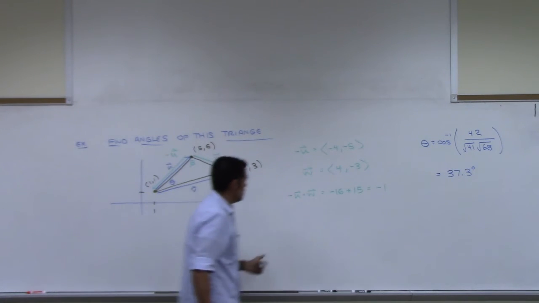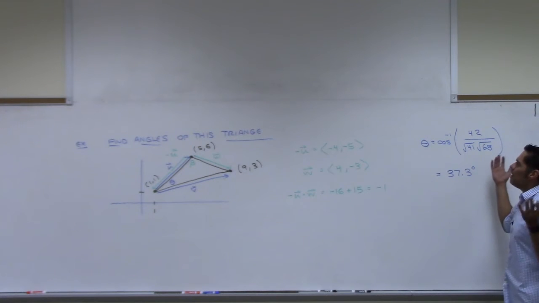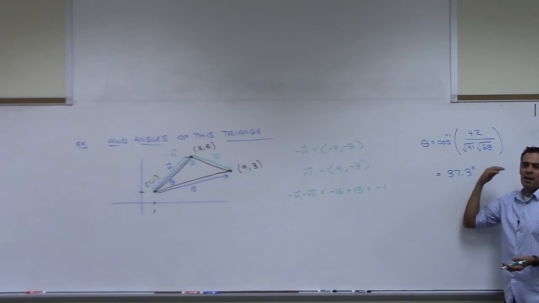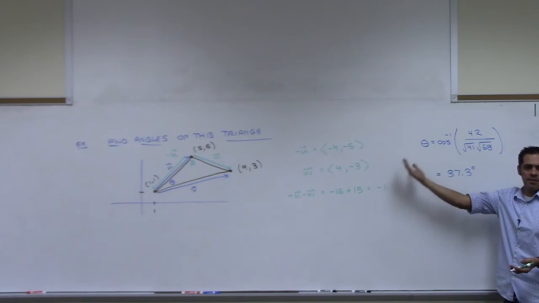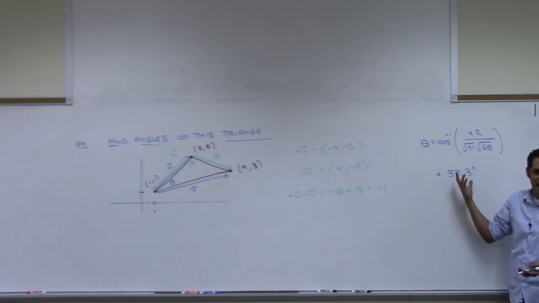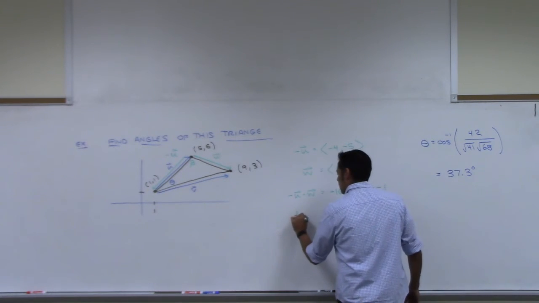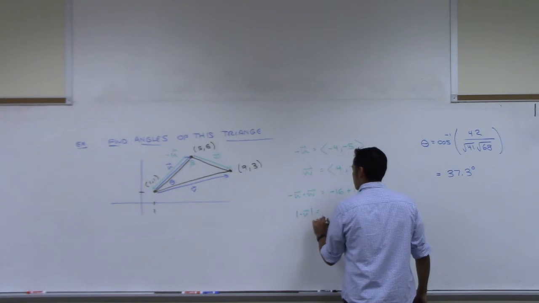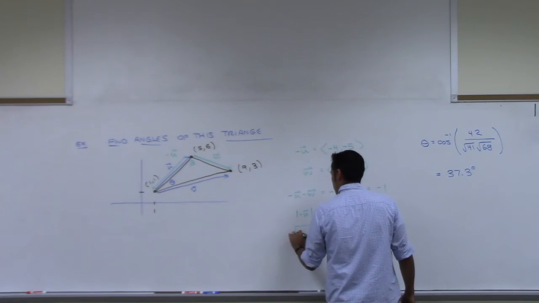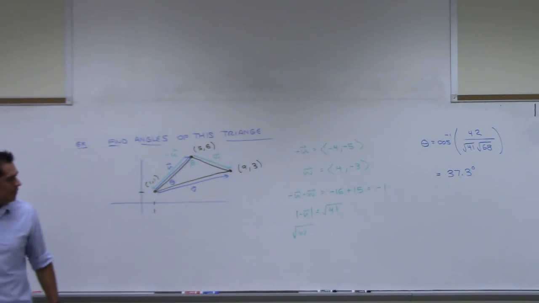Okay. And why would that be? Well, because we're dealing with cosine, right? And the only way for cosine to be negative is if you are in the second quadrant. So it makes sense that we should have that happen. All right, now what about the magnitude of negative u? Same one, right? Root 41. And now the magnitude of w, oops, it's not what I meant to write.